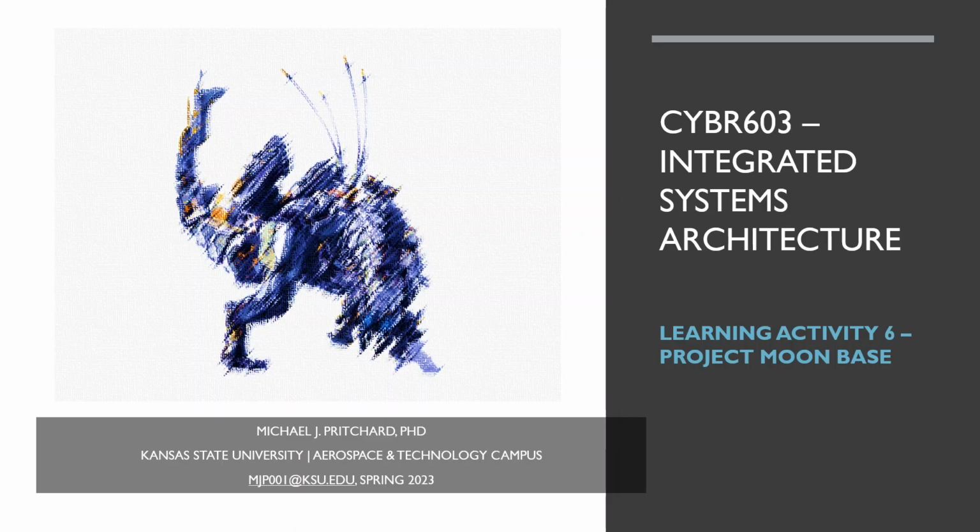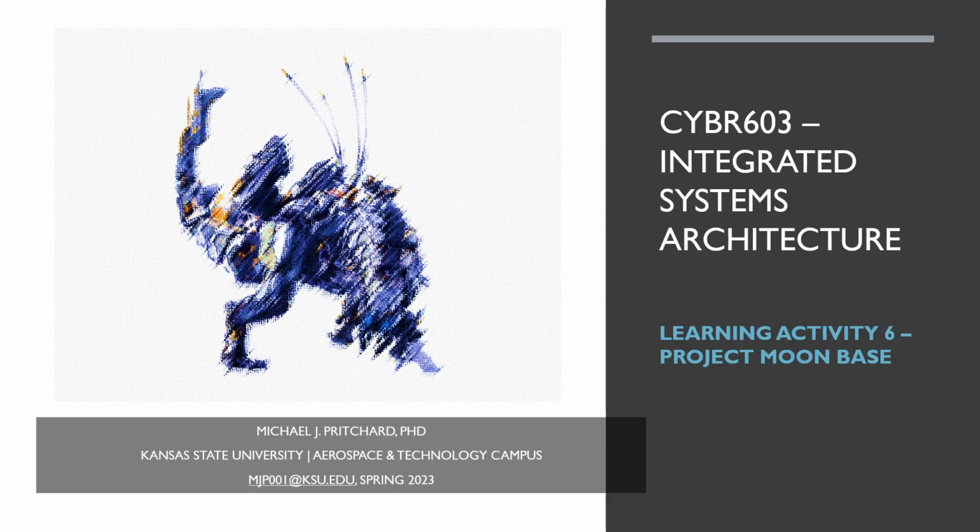As I talked about in our last lecture in Learning Activity 5, I talked about the All View 1 and then the Capability View 1. And we're going to use Project Moonbase to help frame up those assignments for you, so that you're not just saying, well, I'm going to create an AV1 and a CV1, but what am I working towards?